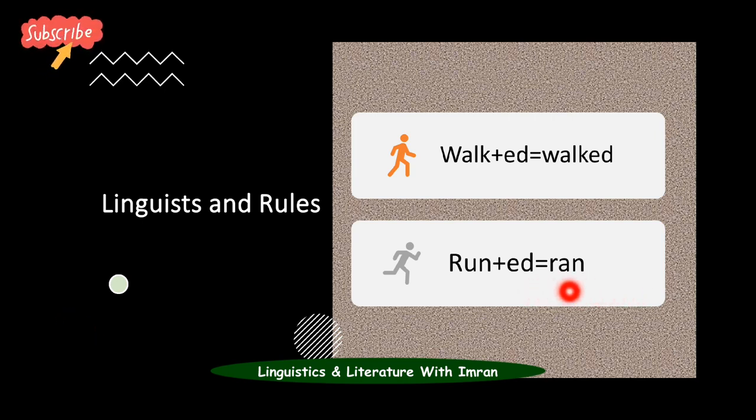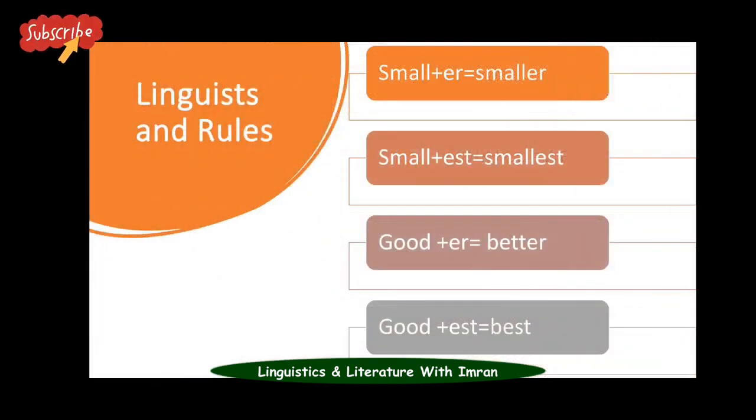Again, let me remind you that when linguists draw rules, they do not keep in mind the environment of the classroom, right? Similarly, we have some more linguists' rules, like according to the rules of a language, small plus er is smaller and small plus est is smallest, but good plus er is better, not gooder, and good plus est is best, not goodest.